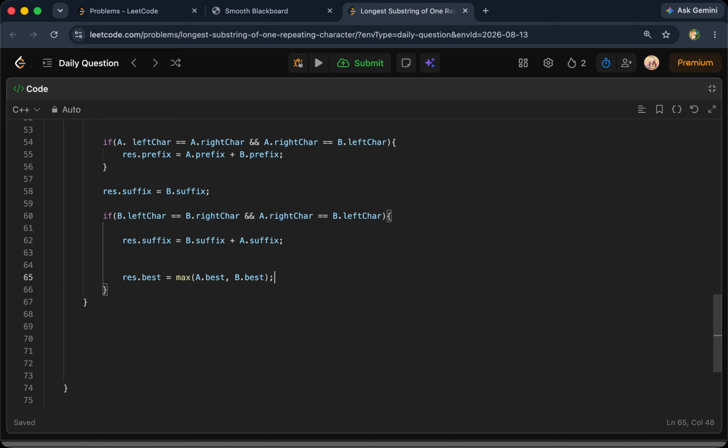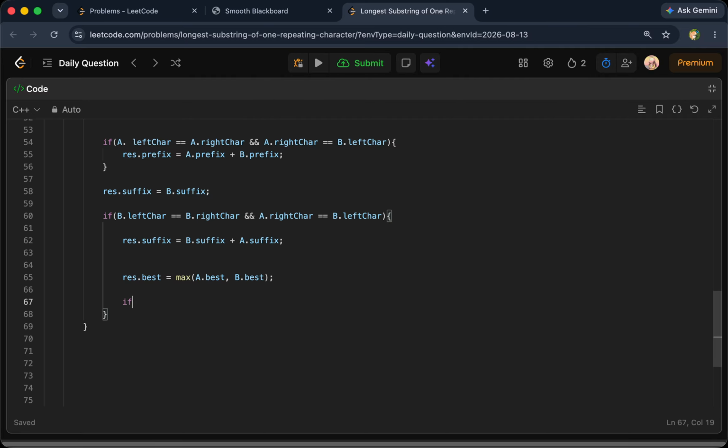Okay, so then best is 3. Checking the boundary, see, but there is a third possibility: the longest group could cross the boundary.